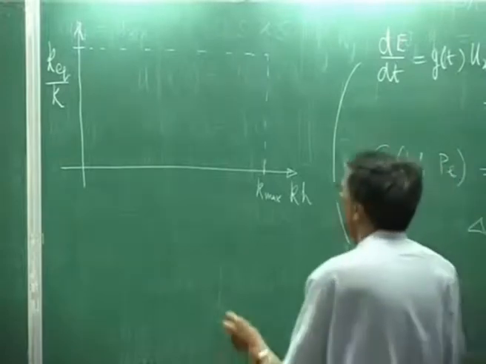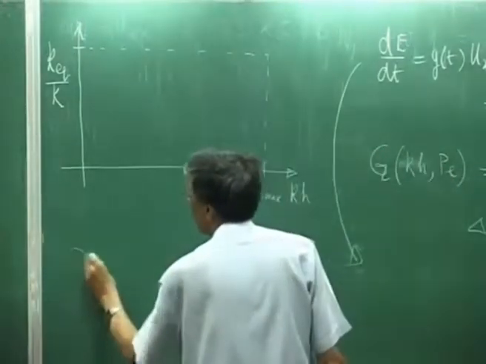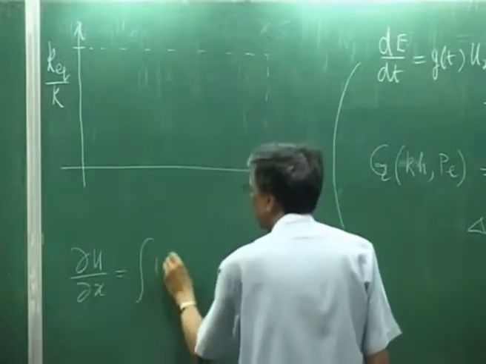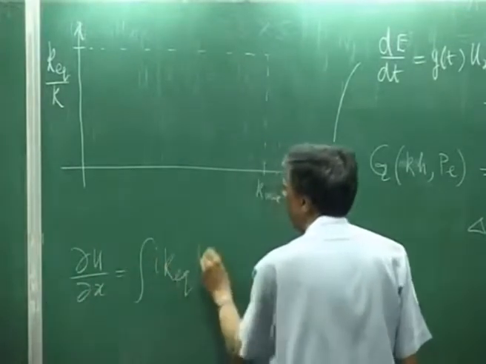So, recall basically what we are doing is this. If I write the derivative as this, so any discrete method I am doing this.